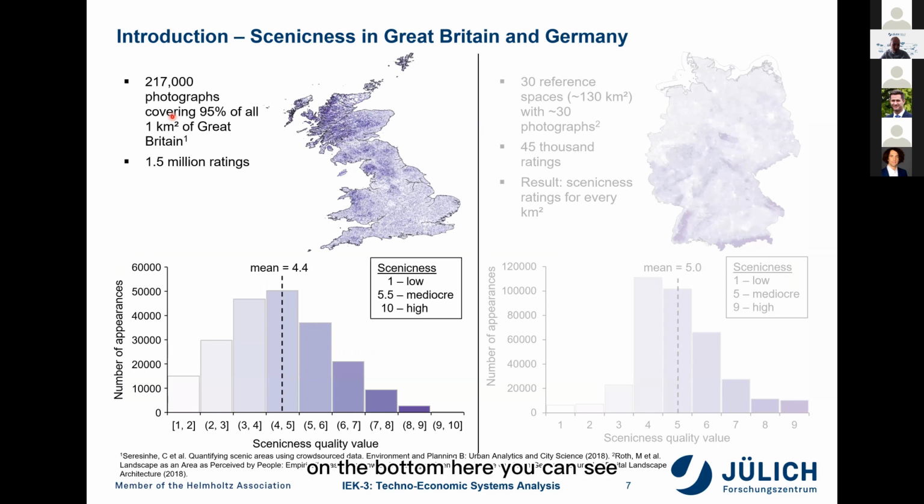On the bottom here, you can see the histogram of the scenicness ratings, with scenicness intervals from 1 to 10, with 1 being low scenicness and 10 being high scenicness, and the mean scenicness in Great Britain is 4.4 according to this data set. And the colors here refer to the scenicness levels. So as you can see, especially Scotland is rated as very scenic, or parts of Wales as well.